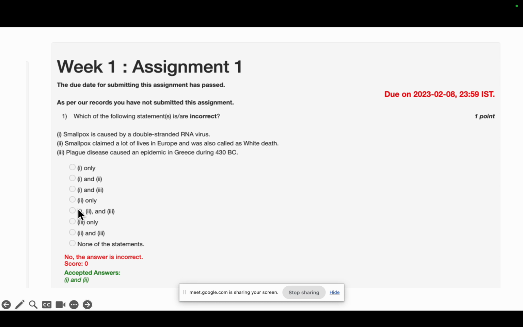In the first week of lecture we discussed that the plague was an epidemic long back, around 430 BC in Greece. So this is correct, but the other two are not correct. So the incorrect ones will be 1 and 2.